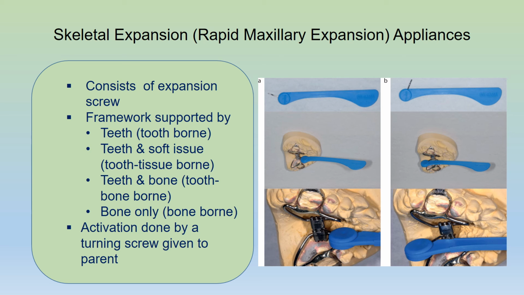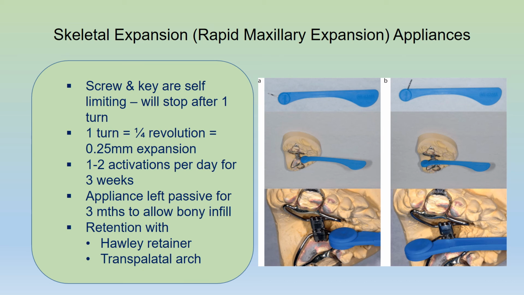Now activation is done by a turning screw, which is given to the parent. The screw and key are self-limiting, will stop after one turn, and one turn is equivalent to a quarter of a revolution of the screw, which is equivalent to 0.25 millimeter expansion.